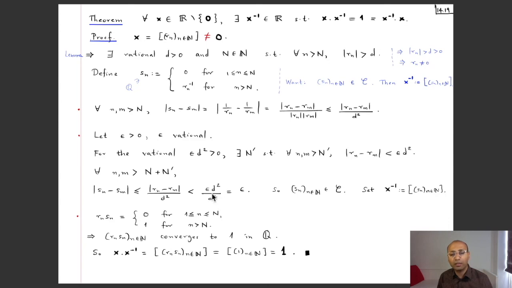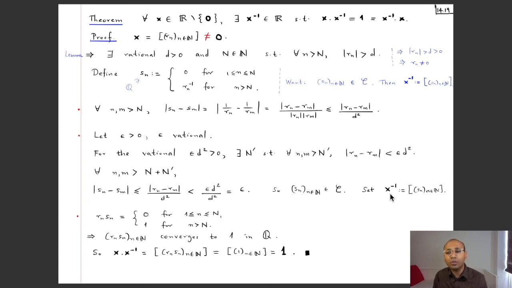The d square conveniently cancels, leaving an epsilon. So given any rational epsilon positive, there exists an index such that beyond that index, the mutual distance of the terms is less than epsilon, so that this Sn is a Cauchy sequence in Q. And so we can take the corresponding equivalence class containing this Cauchy sequence in Q, and let's call that the real number x inverse.